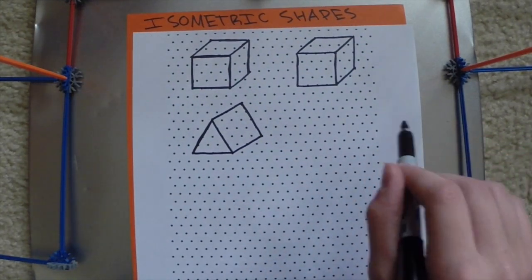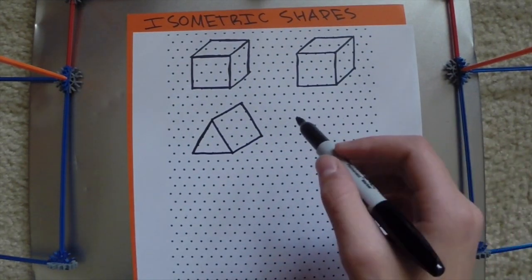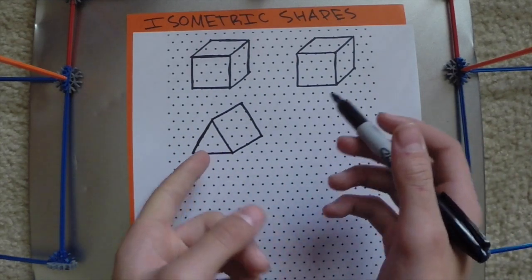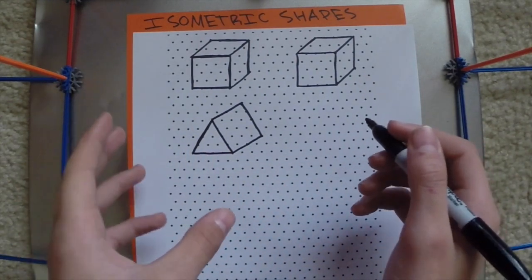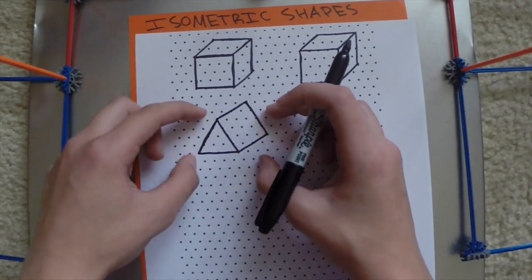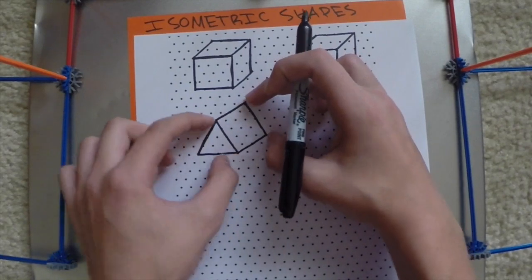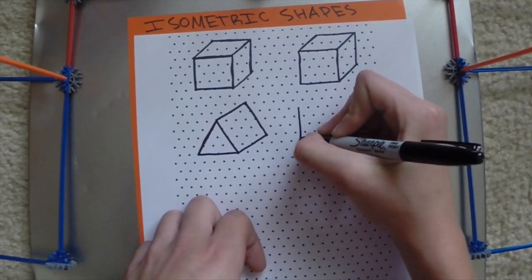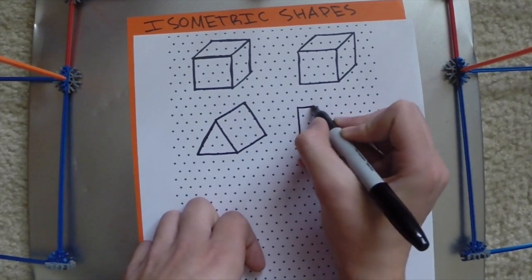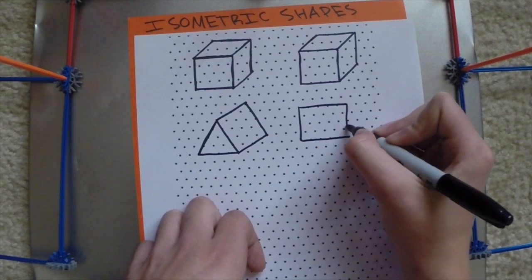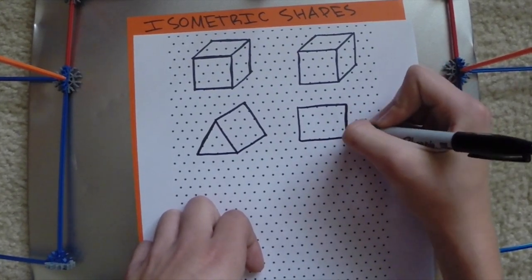Now I'm going to show you the side view of this, because it's kind of interesting. If you were to turn this shape in this direction, so it goes from here to there, it's just a rectangle. So there's our rectangle.